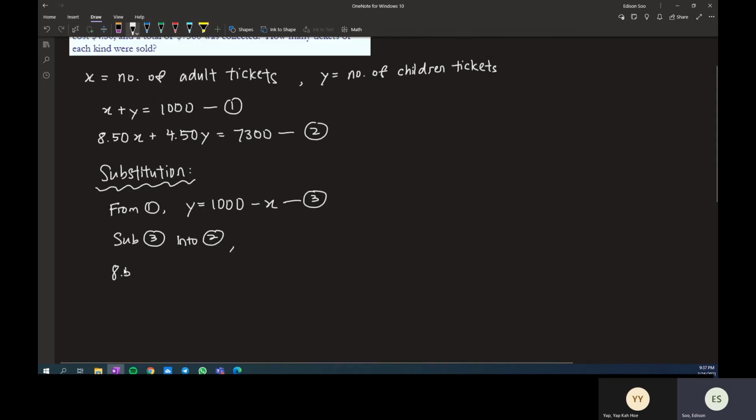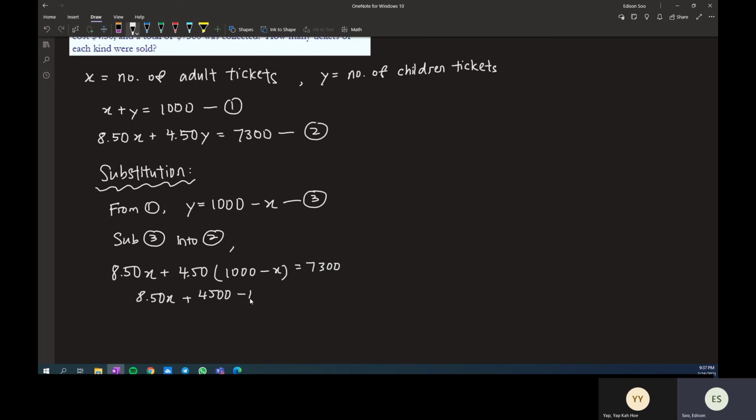Then we'll get $8.50x plus $4.50 multiplied by (1,000 minus x) equals 7,300. Okay, then this is just basic algebra. 4x equals 2,800, if my math serves me right.